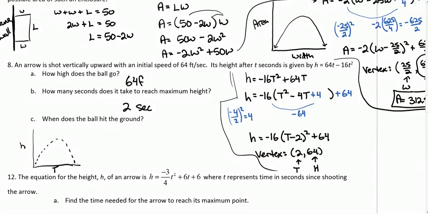When the ball hits the ground in our picture, that is at an x-intercept. And so we're going to go back to our original equation. h equals 64t minus 16t squared, and plug in 0 for the height, because that's when it's hitting the ground.